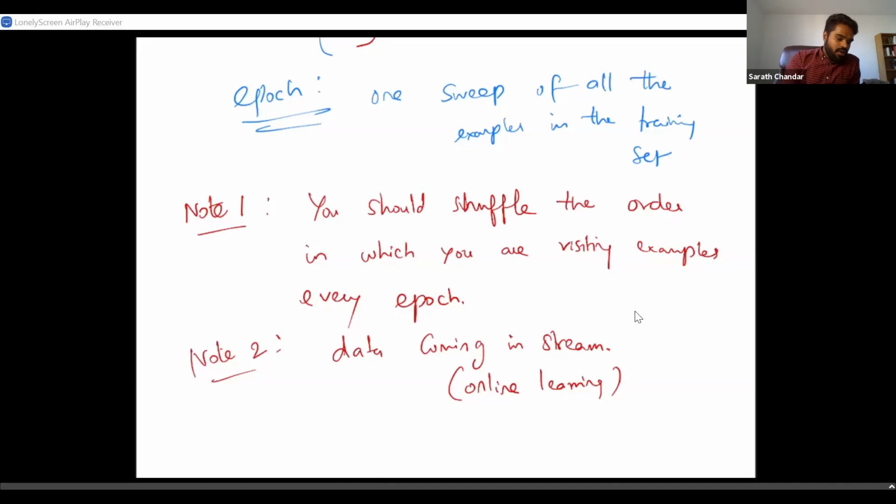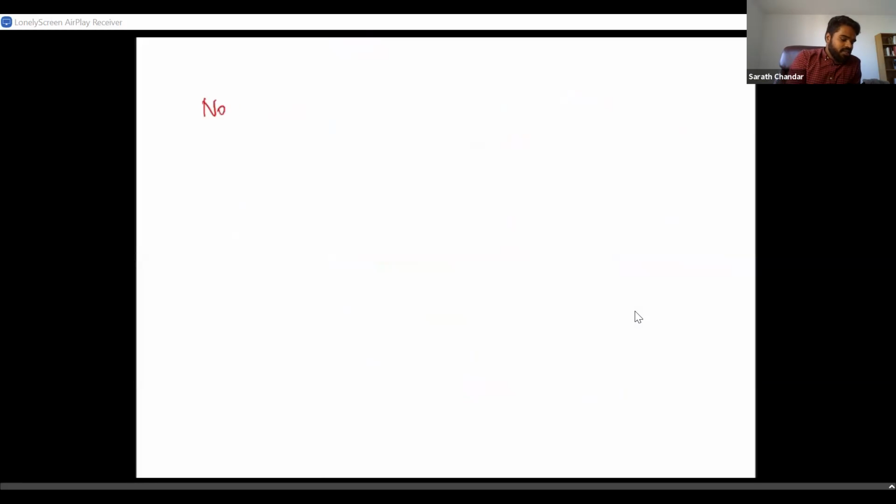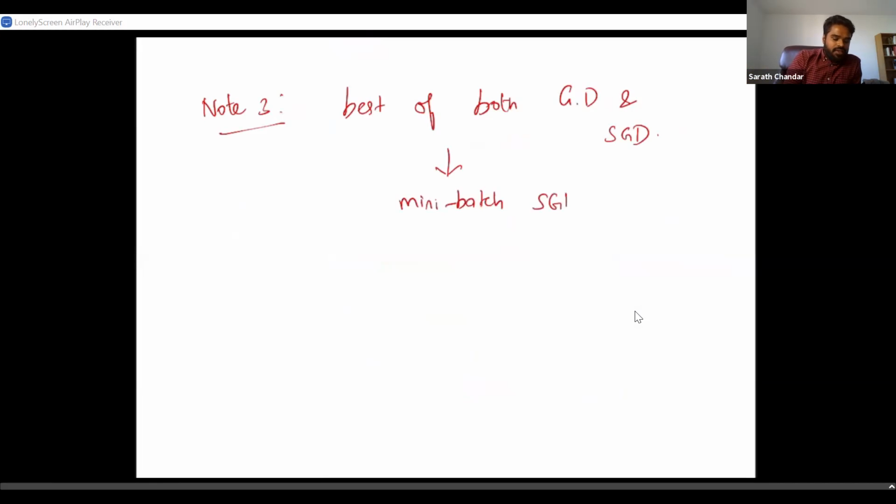Now one final note: as we saw, SGD is extremely noisy, while on the other hand, gradient descent is slow. We could get the best of both by doing what is known as mini batch SGD. The idea is that when you have n examples in the data set, you sample k examples, where k is much less than n.